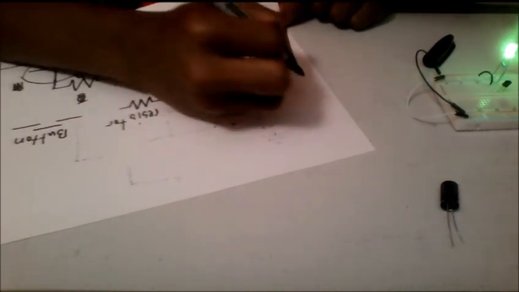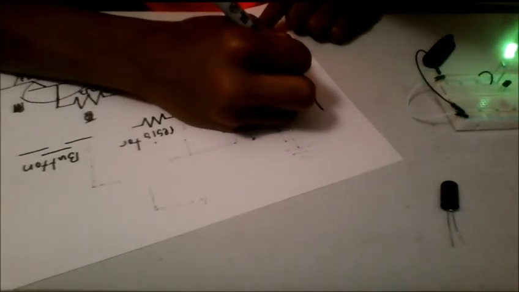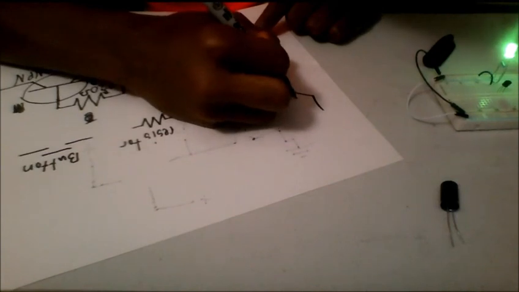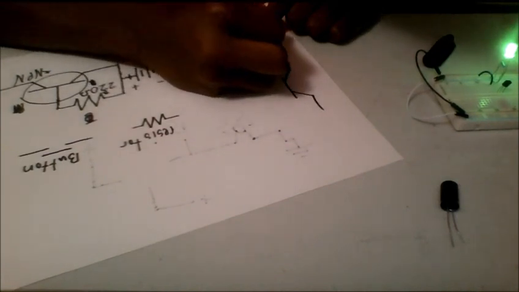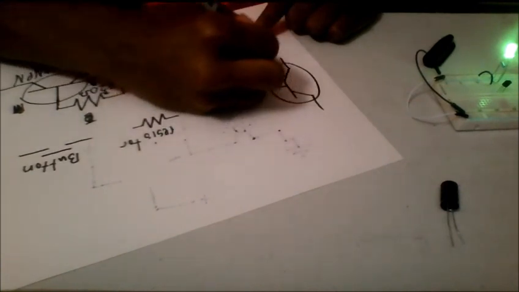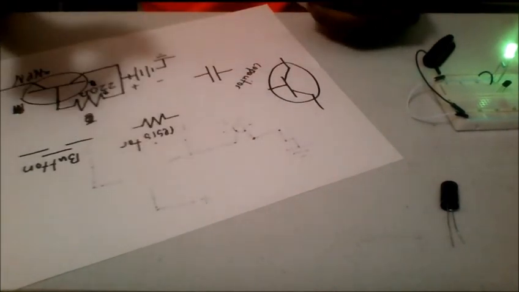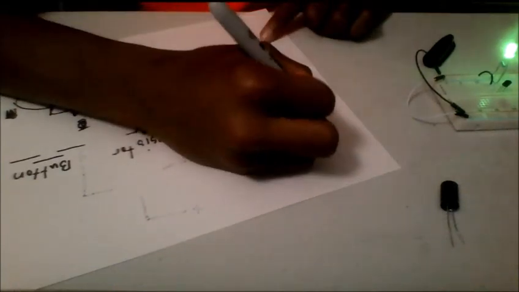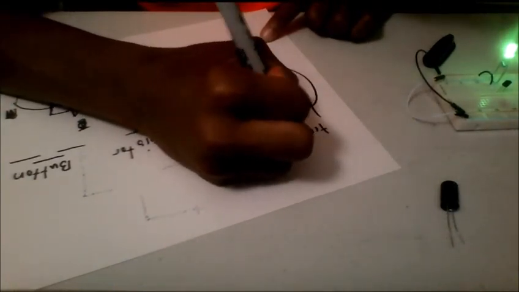That's the button. Transistor looks like this. Sometimes I have a circle around it. Sometimes it doesn't. So this is a transistor.